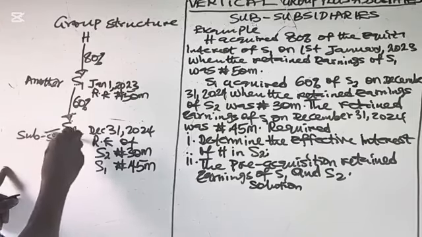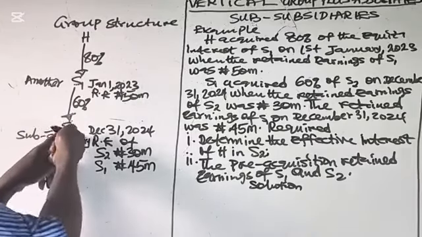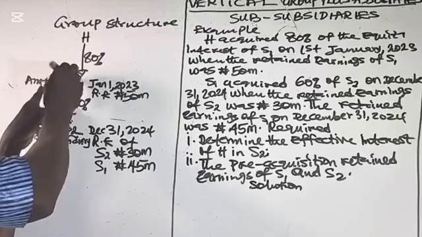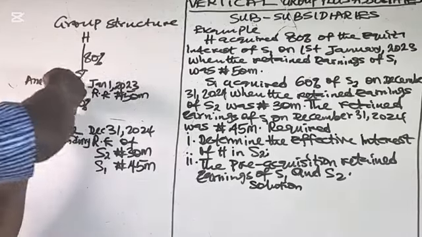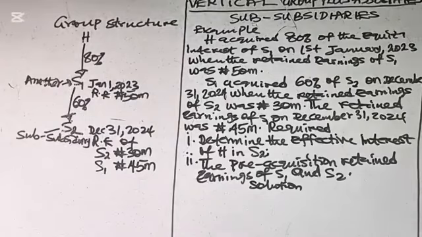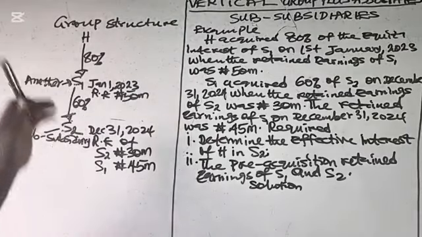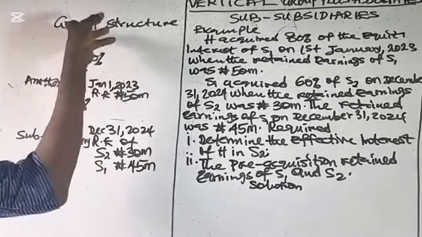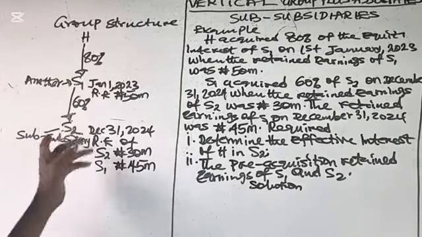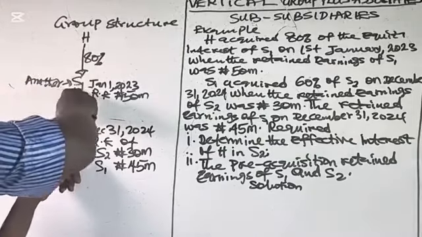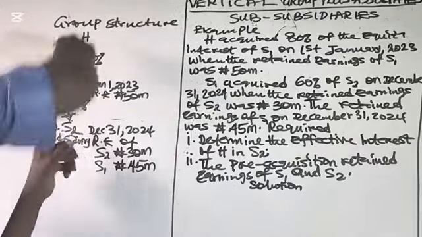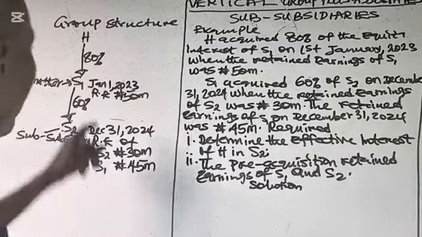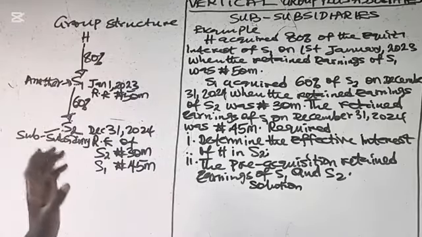Another entity here is S1, which itself is a subsidiary of the parent. S2 is controlled by S1, and S1 itself is a subsidiary of the parent company. Therefore, S2 is a sub-subsidiary of H. Please take note of that.